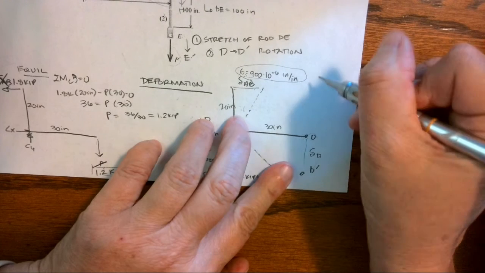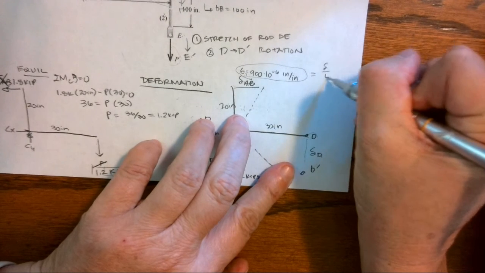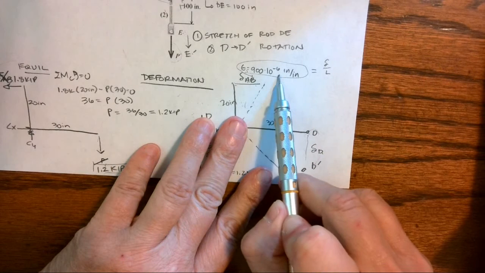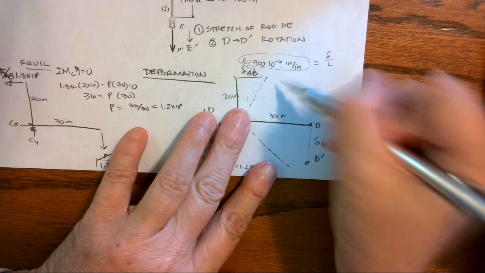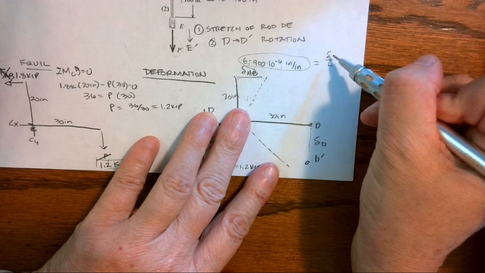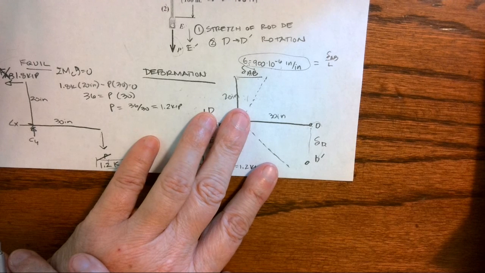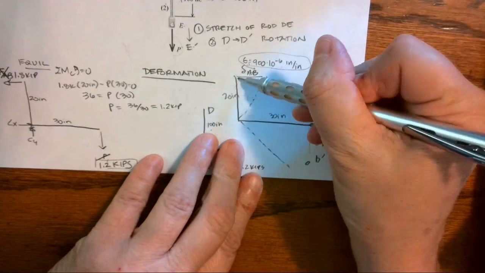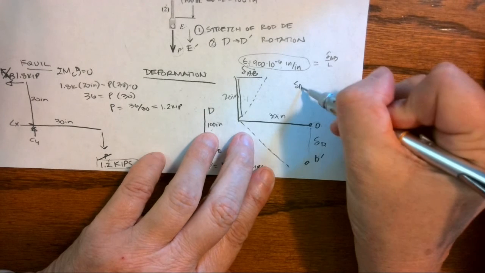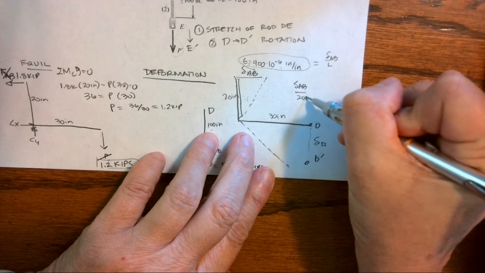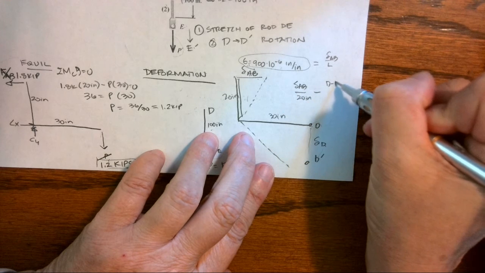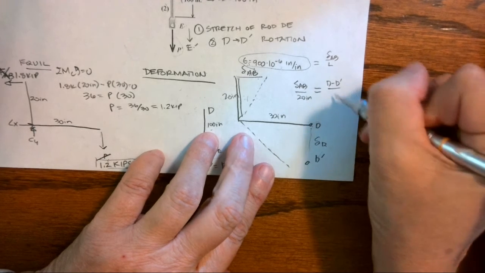Strain equals delta over L. So I can multiply that microstrain by L to get the delta, which is the change in length of rod AB. Okay, and similar triangles. Delta AB is to 20 inches as D to D prime is to 30 inches.